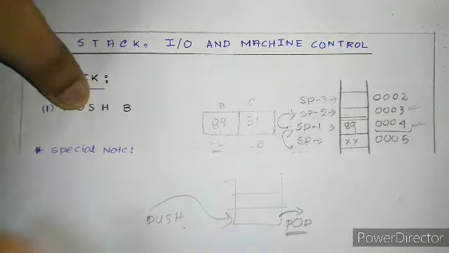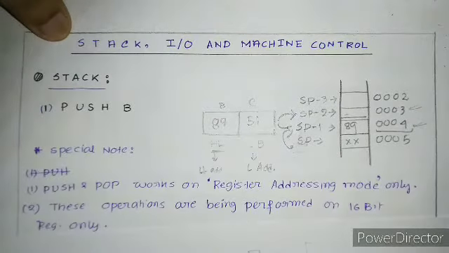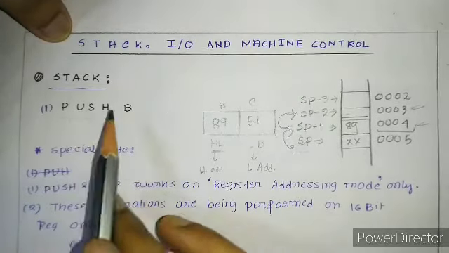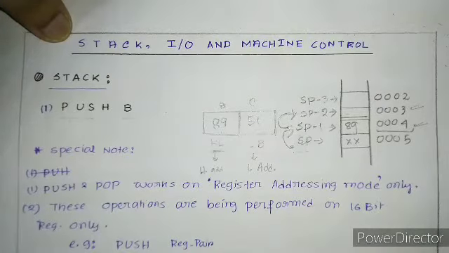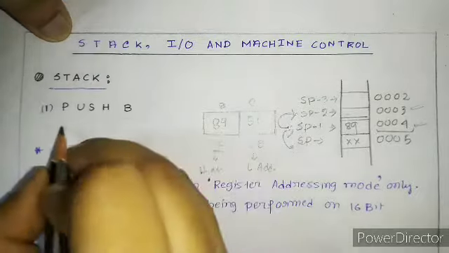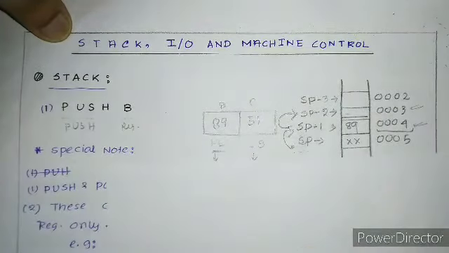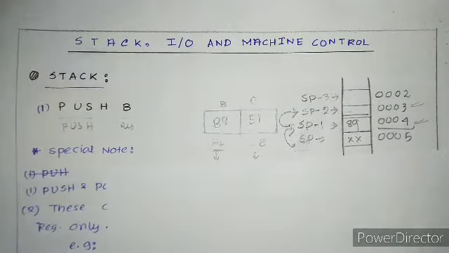Now, how does it work in the microprocessor? PUSH B, this is the syntax. Now B is some register, so PUSH reg. Here you have to remember two things.